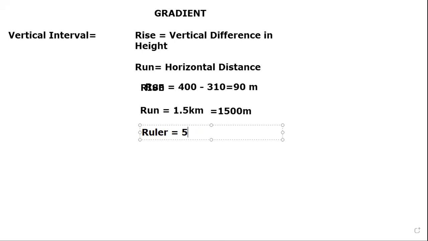What is the scale on the map? 1 to 50,000. So this is 50,000 cm. Everybody understand this? This is the scale, the other scale.